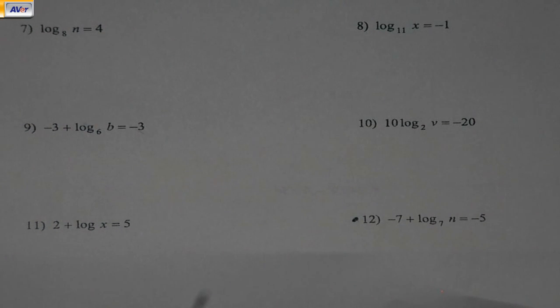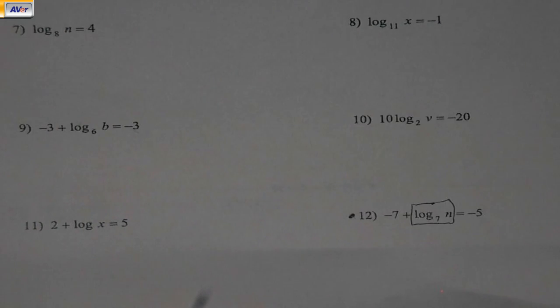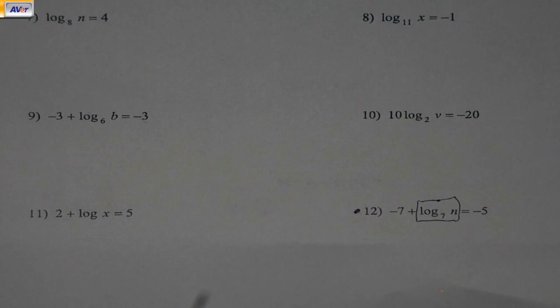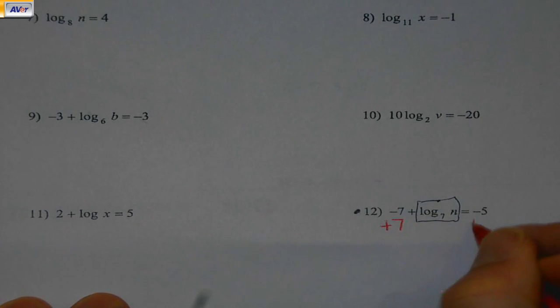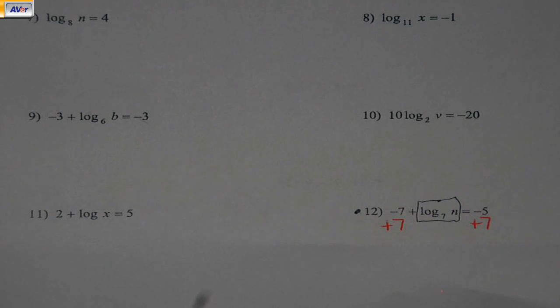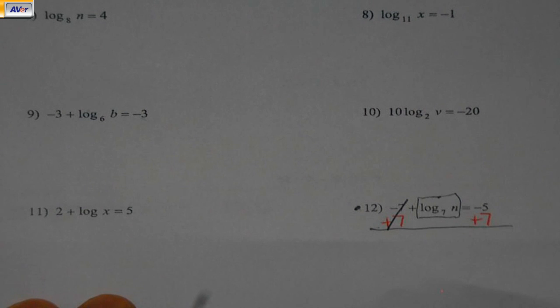And we're going to take a look at 12. Now, my first job is to get that log base 7 of n by itself. But I've got this negative 7 that's in my way, so how do I fix it? What's the opposite? I've got to add the 7. So, those guys go.